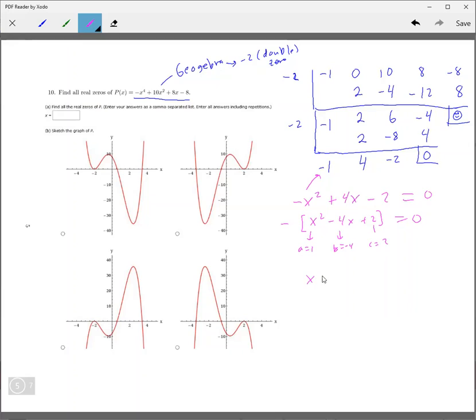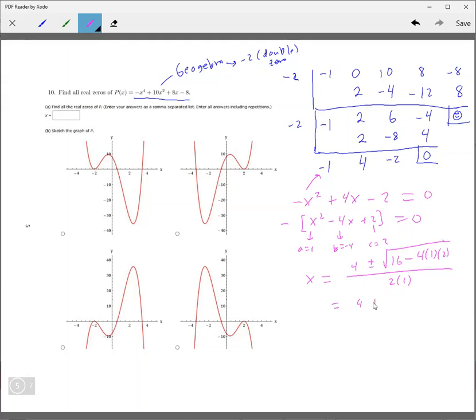So we have negative b, which is positive 4, plus or minus the square root of b squared, which is going to be 16, minus 4 times a times c, which is 4 times 1 times 2, all over 2a, which is 2 times 1.